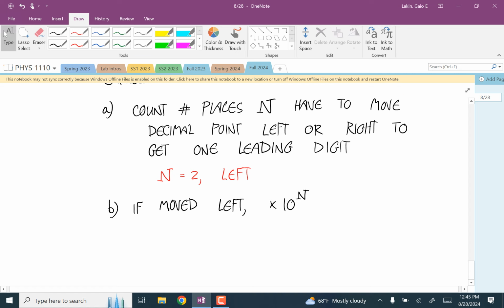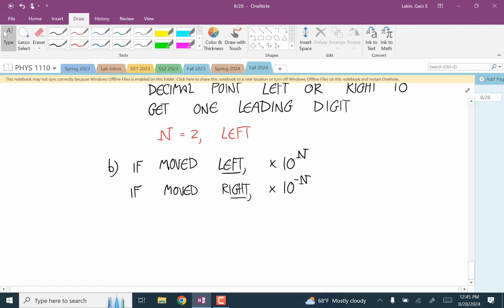And if you had to move the decimal point to the right, then it's times 10 to the negative n. Okay, so for the one I did, I moved it 2 to the left. So the answer is going to be negative 5.416 times 10 to the positive n, or positive 2.